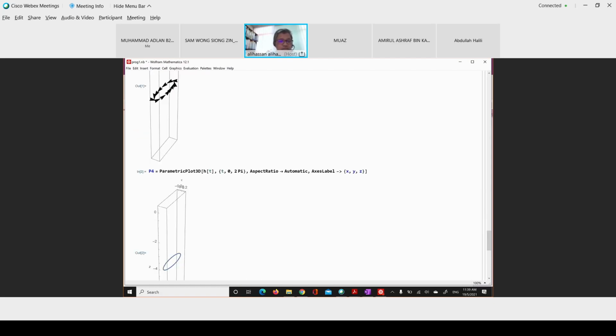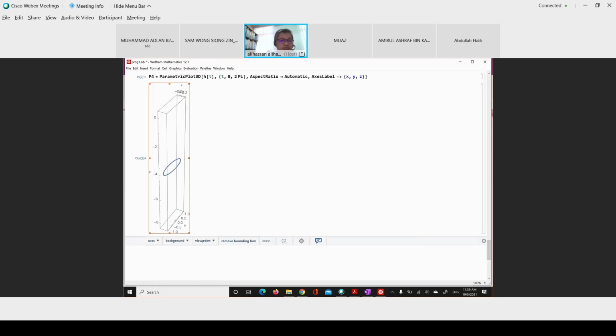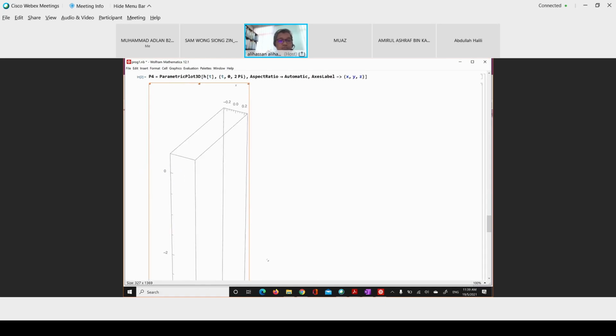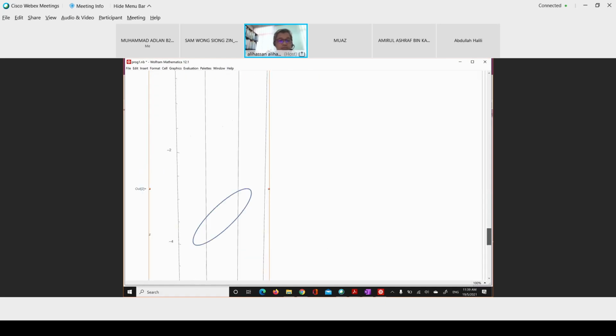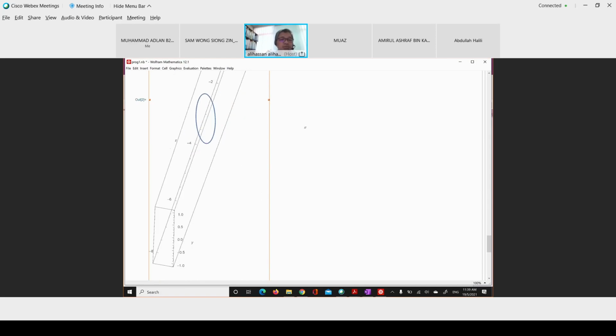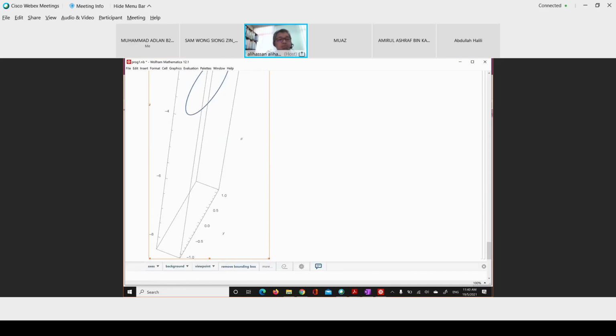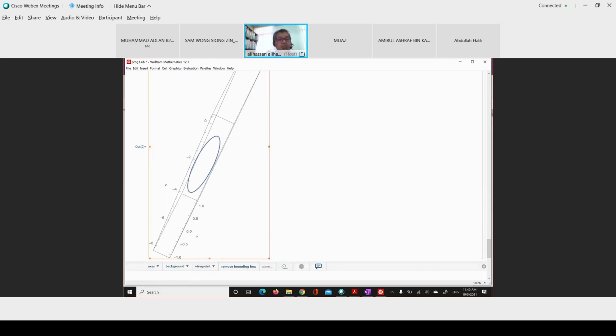Shift enter. There, you can see it is an ellipse there. And it is on the surface z equal to minus 4. You can also pull this sideways to enlarge. You can also rotate this. From above, it looks like an ellipse.